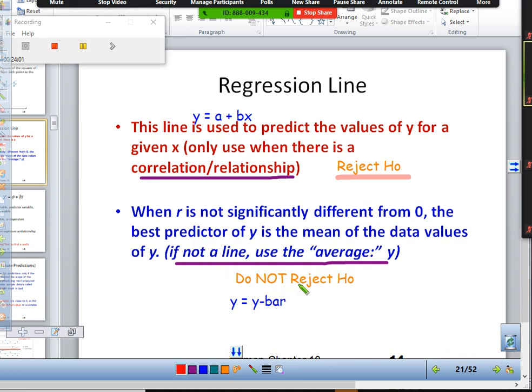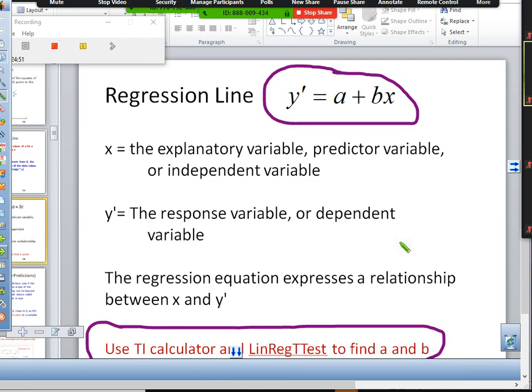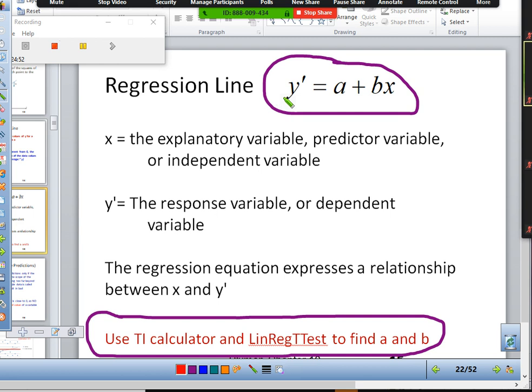When it's not a line, because we didn't reject H naught and R is closer to 0, then just use the average. Use y bar for y to predict. So how do we get the regression line? Again, y equals a plus bx. Using your TI calculator and LinRegTTest, find a and b.